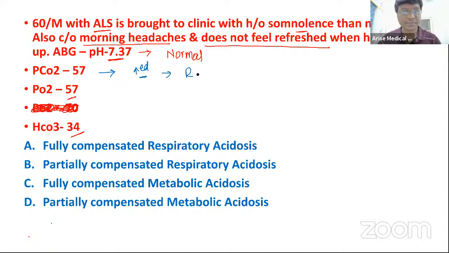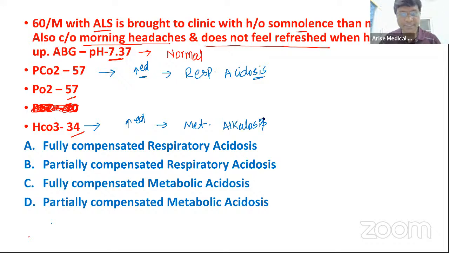That is respiratory acidosis. Right? And bicarbonate is 34. So bicarbonate is increased. So when bicarbonate is increased, what does that tell you? That tells you metabolic alkalosis.